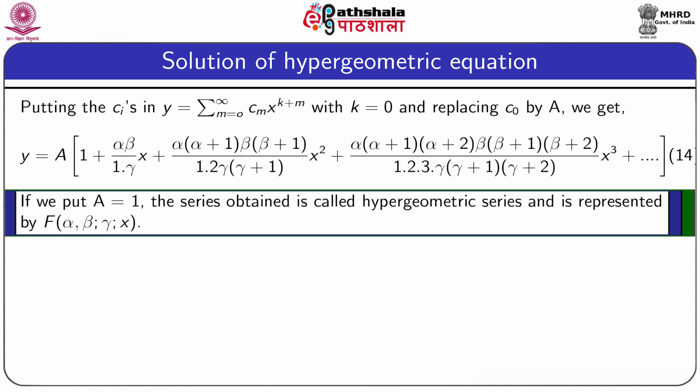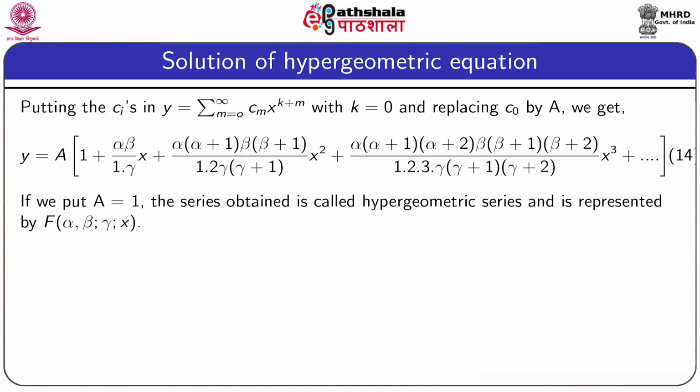Putting A equal to 1, the series which we will get is called the hypergeometric series and is represented by the function F(alpha, beta, gamma, x).